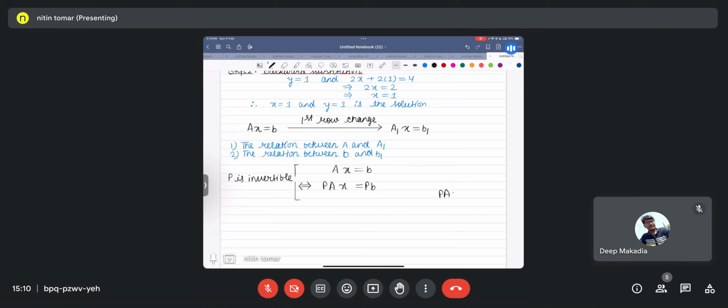Because if PAx is Pb, then because P is invertible, Ax will imply b. Is it clear? Why this if and only if holds? Please say yes or no.